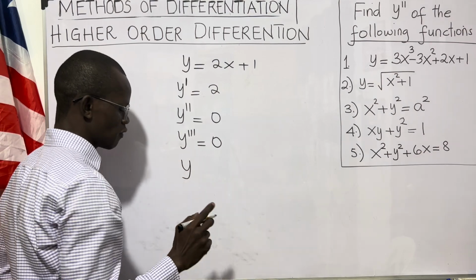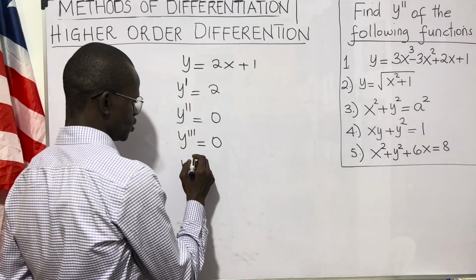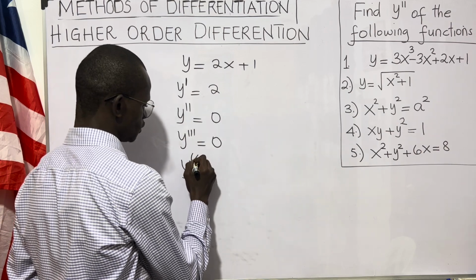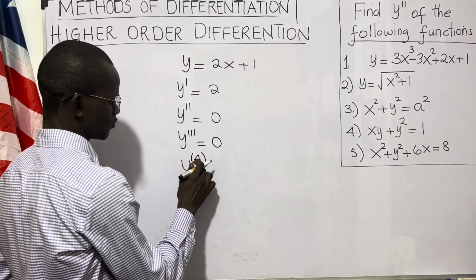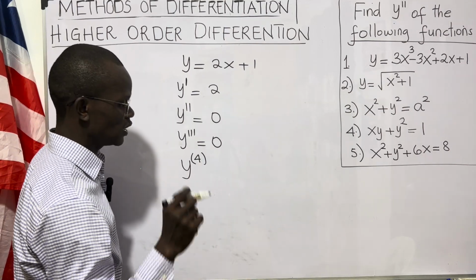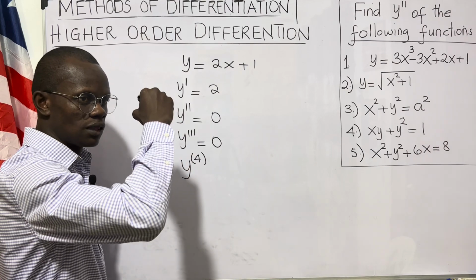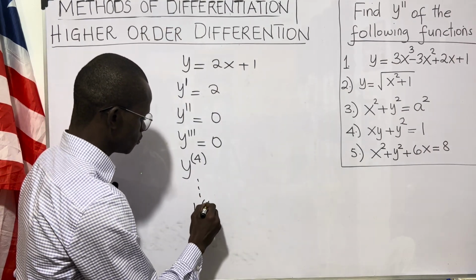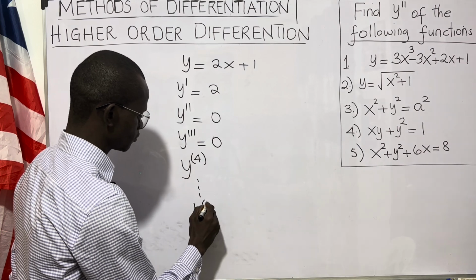Now, for the fourth derivative, you notice that we're no longer using the strokes, but rather we put the 4 in parentheses. So this implies that whenever you want to find from the fourth derivative to the nth derivative, always put it in parentheses.